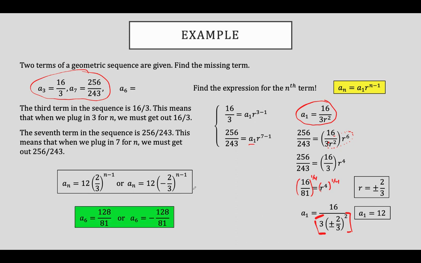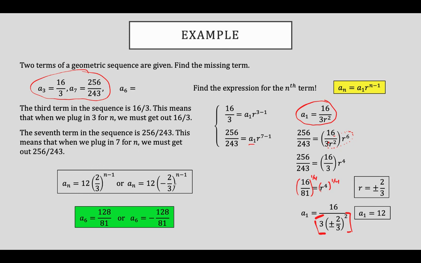Plugging in 6 for n gives us a subscript 6 is equal to 128 over 81, or a subscript 6 is equal to negative 128 over 81. Notice that we get opposite answers. The one where our common ratio is positive, our outputs are always going to be positive. All the terms of our sequence are positive.